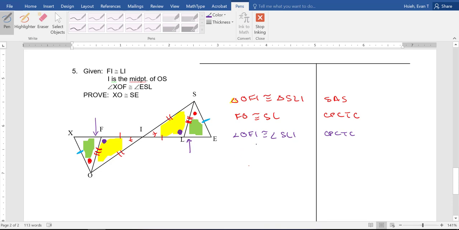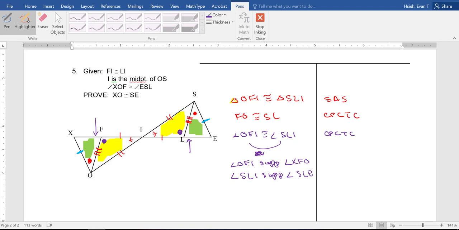And now I can say that angle OFI is supplementary to angle XFO, and angle SLI is supplementary to angle SLE.